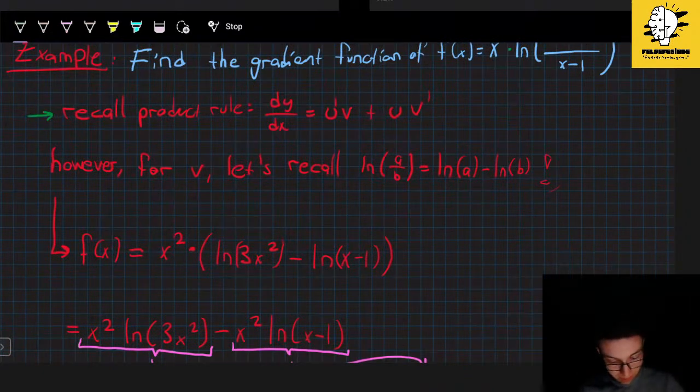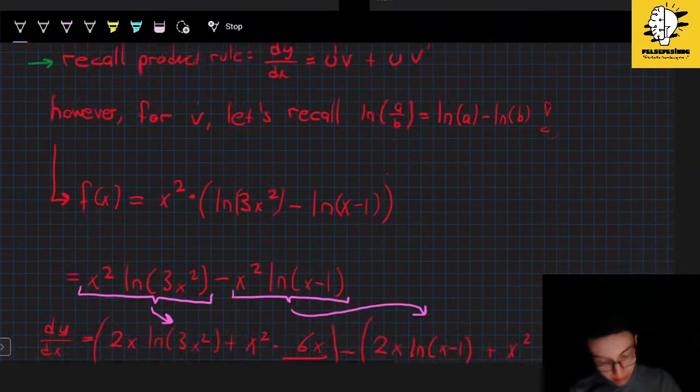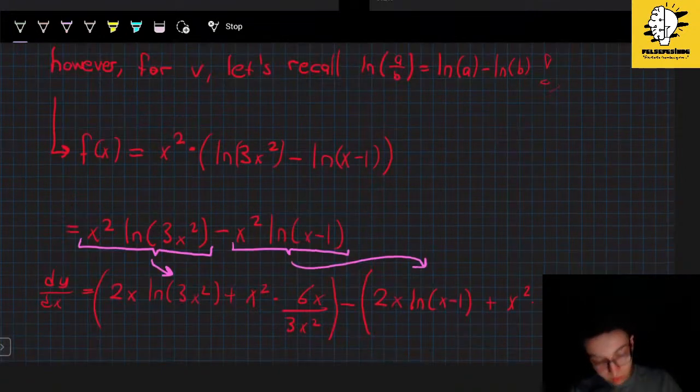Nice. Now it is the best time to spread this x squared by expanding it inside the parentheses. So x squared ln 3x squared minus x squared ln (x minus 1).